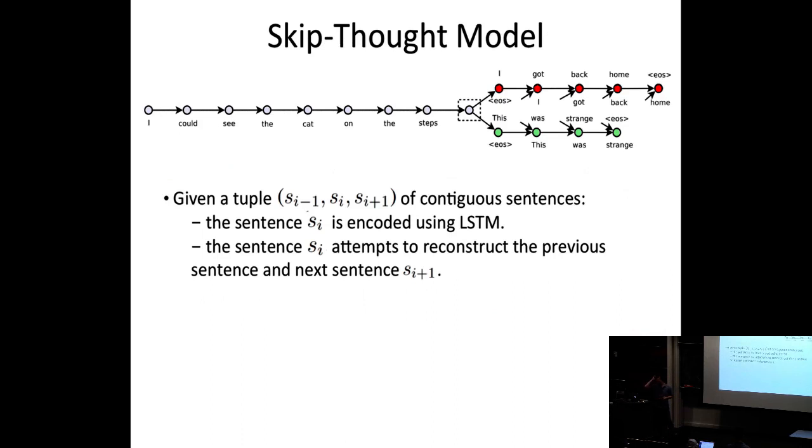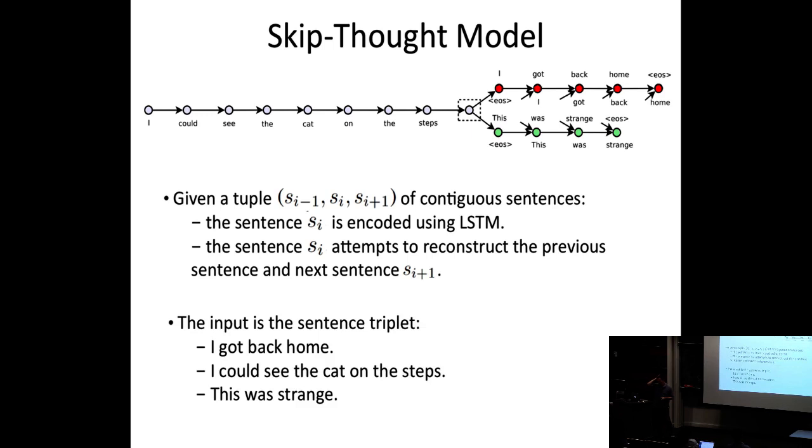Here's one model called the skip-thought model. Given three sequential sentences, a tuple of sentences, you want to have an encoding of sentence S_i using an LSTM, but from the sentence S_i you attempt to reconstruct the previous sentence and reconstruct the next sentence.